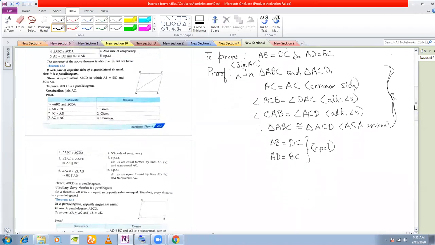Next theorem is, if each pair of opposite sides of a quadrilateral is equal, then it is a parallelogram.